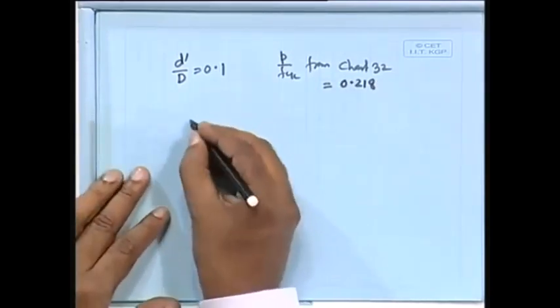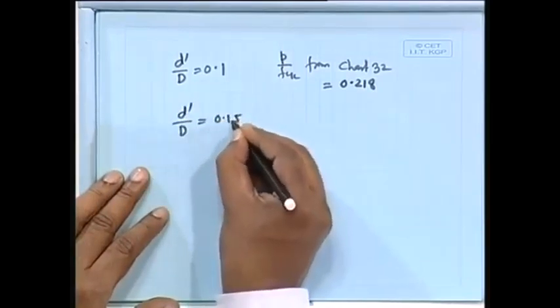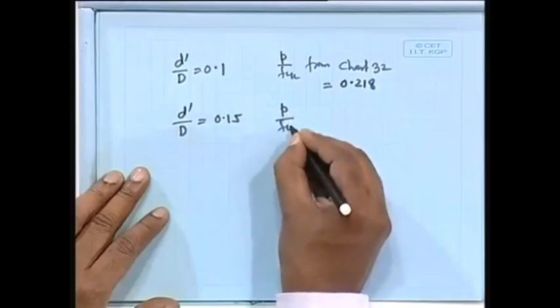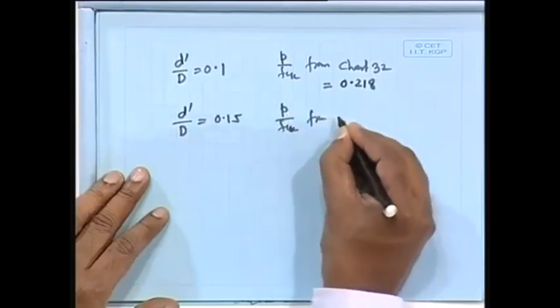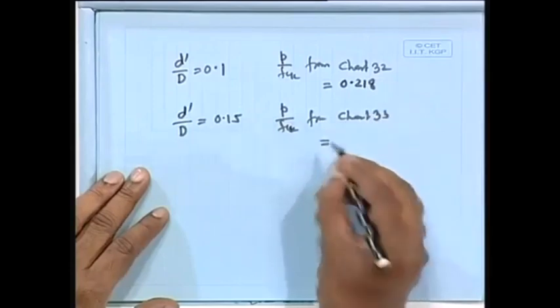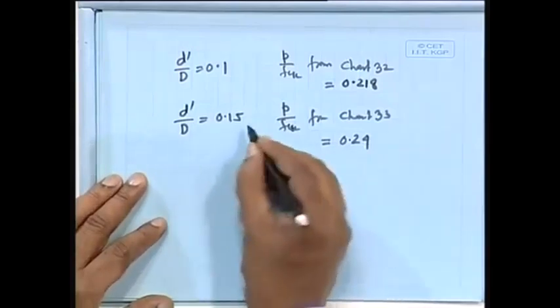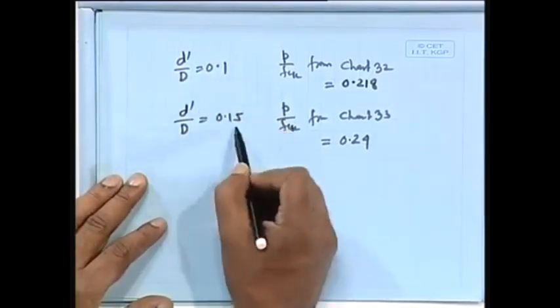Similarly, the other one also, d dash by d equal to 0.15 and p by fck from chart 33, which comes as 0.24, because d dash by d 0.1, d dash by d 0.15.